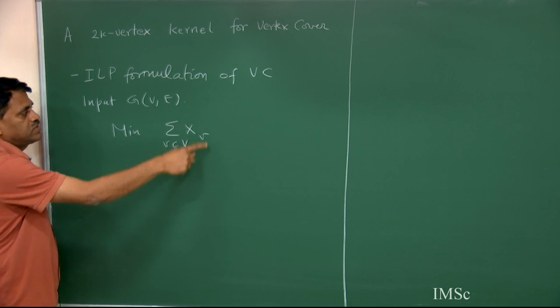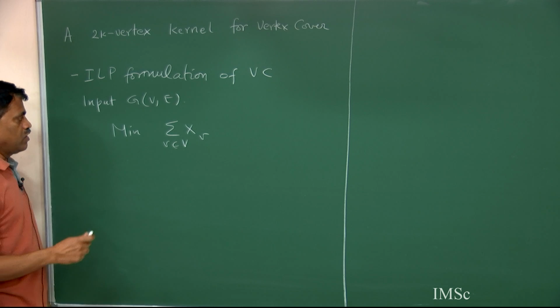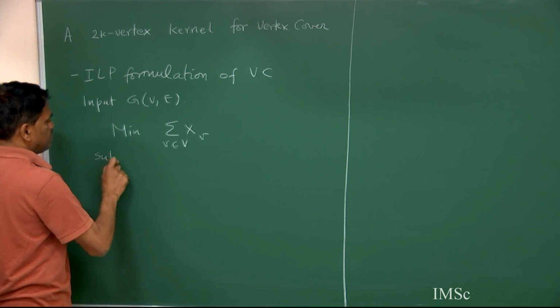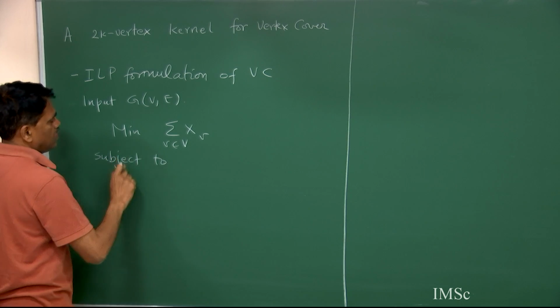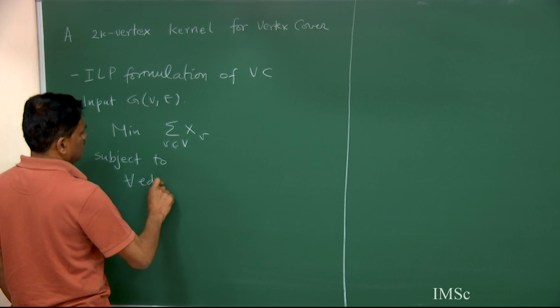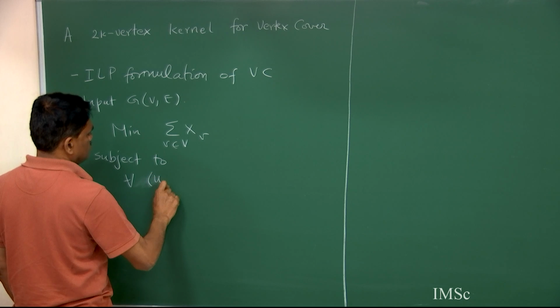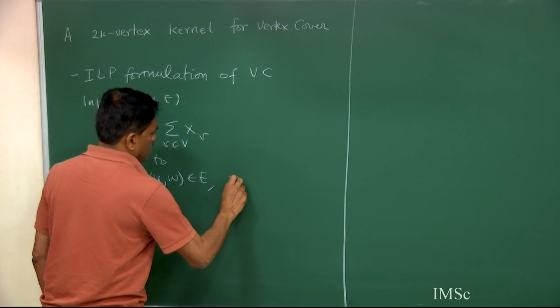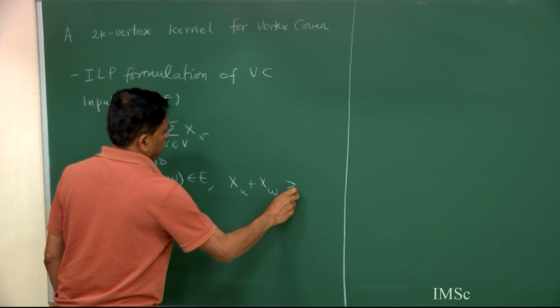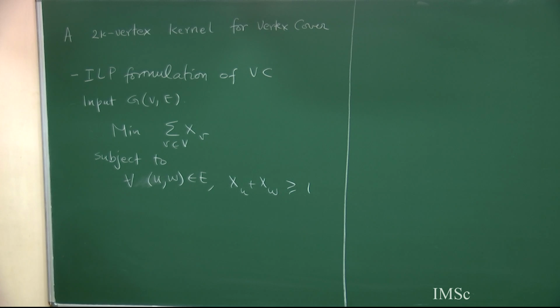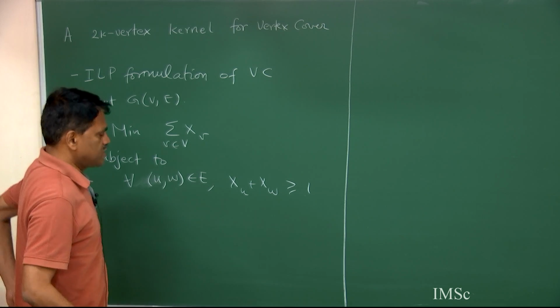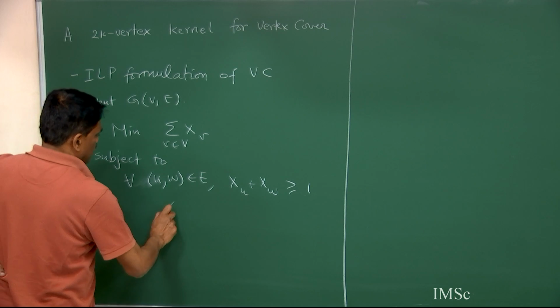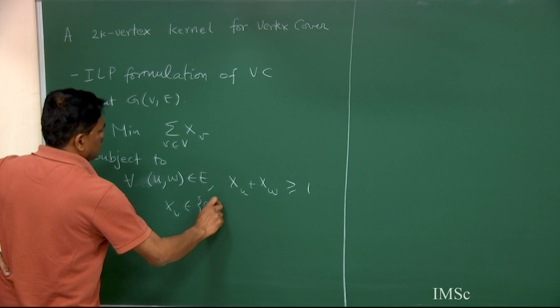So you want to minimize the number of vertices you pick into your solution, subject to the constraint that for every edge uw, either xu or xw must be there in the solution, which can be written as this linear inequality: xu plus xw at least 1, and your xv's are in {0, 1}.